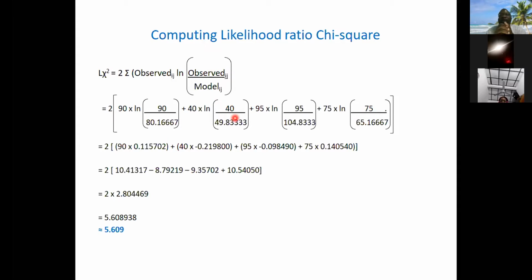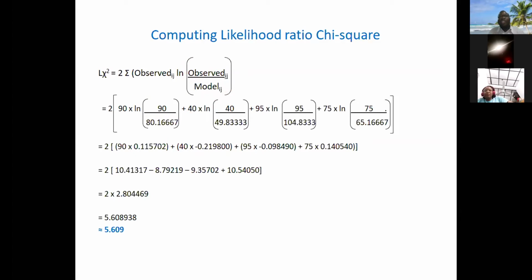Can you see now? ln is the natural logarithm. Observed times observed; it's like the opposite of the other one, which is observed minus expected divided by expected.